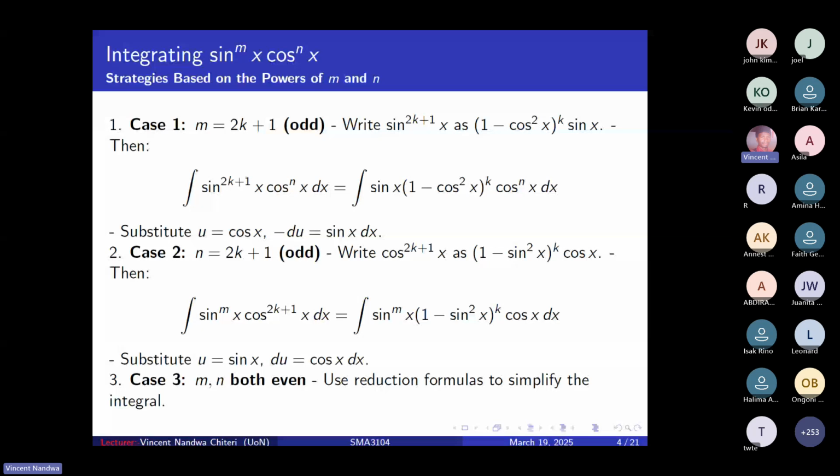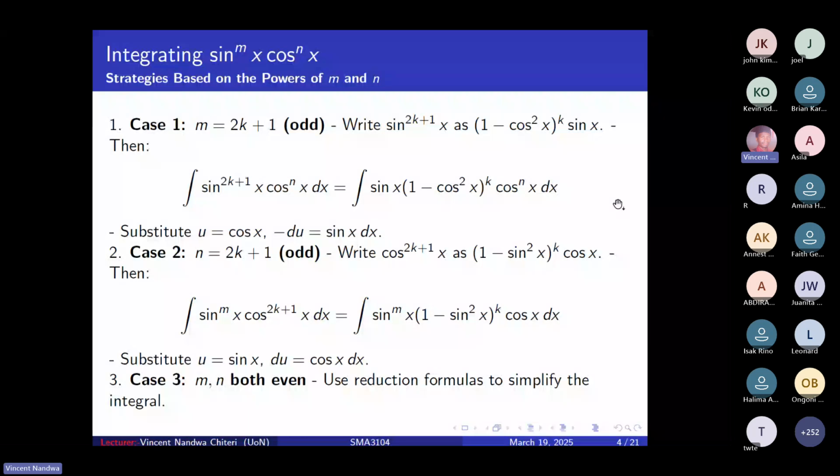Then you can find in some cases the power of cos function is an odd number. In a similar case, when the power of cosine is an odd number, you split the cos power n x as a product of two functions, where one function will be just involving cos x, and the other part will be involving a cosine function raised to an even power.